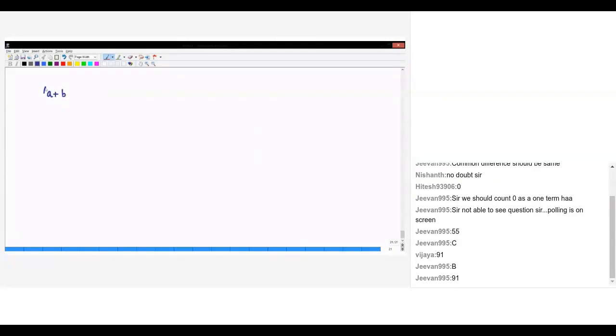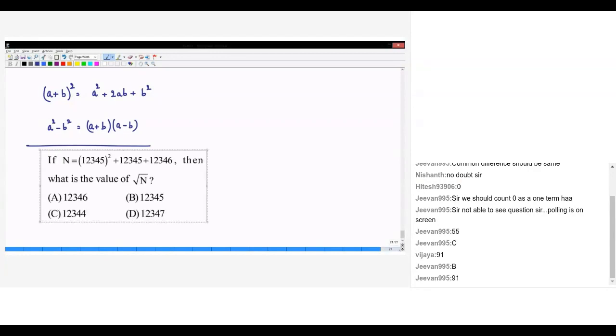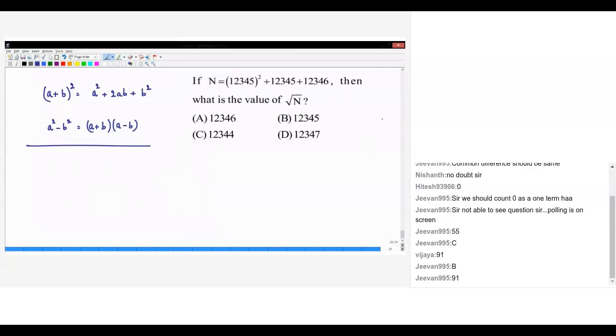A plus B whole square is A square plus 2AB plus B square, and A square minus B square is A plus B into A minus B. Now we'll try to do based on these two things. You can tell me your answer in the chat.